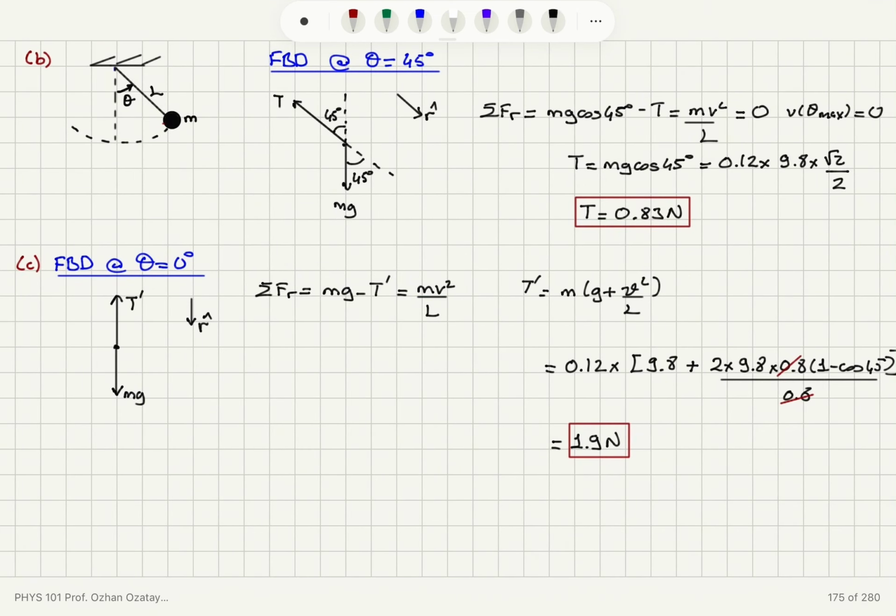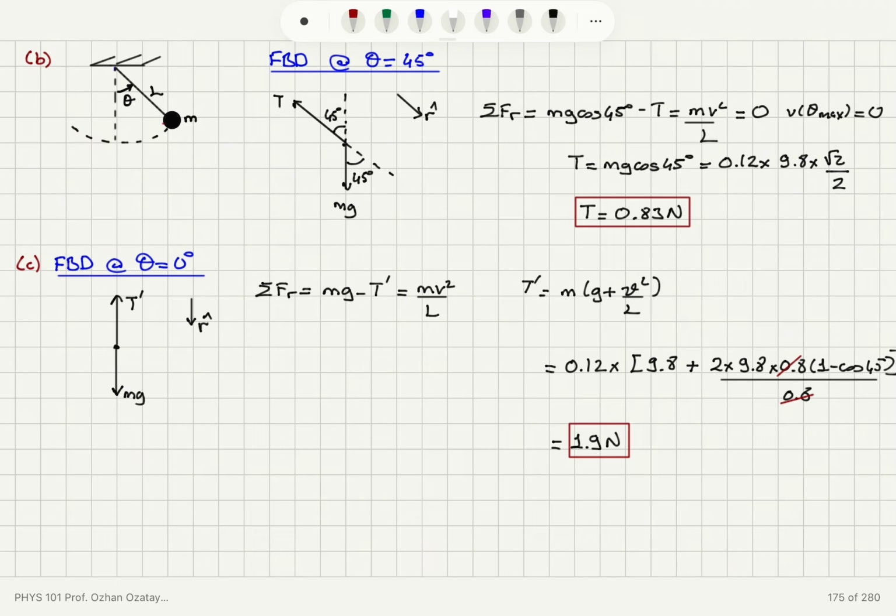And to calculate the tension in the two positions, theta max and theta equals 0, I draw the free body diagram. And for the theta max case, the tension makes an angle of 45 degrees with the vertical, and the radially outward direction is also making an angle of 45 degrees with the vertical.